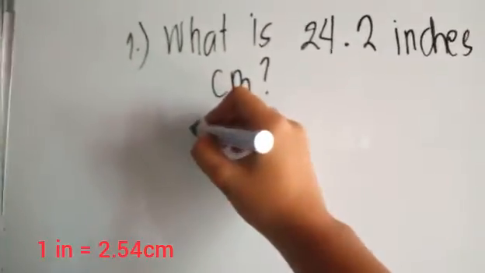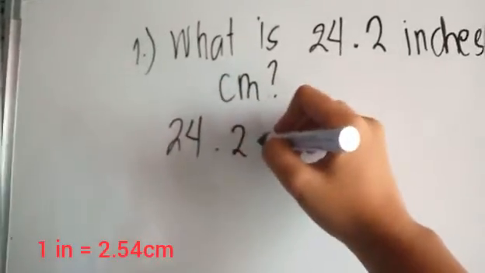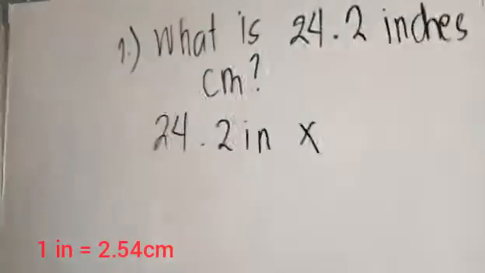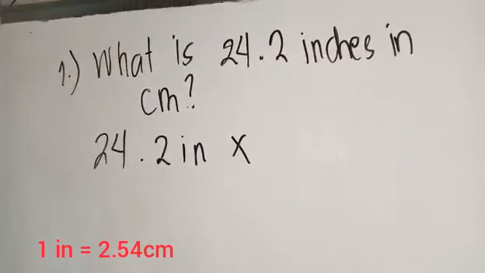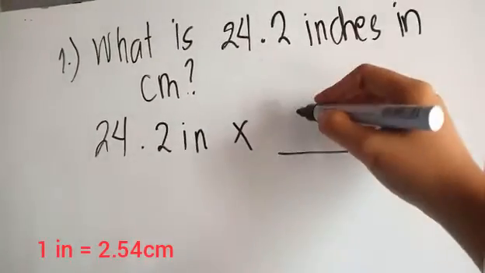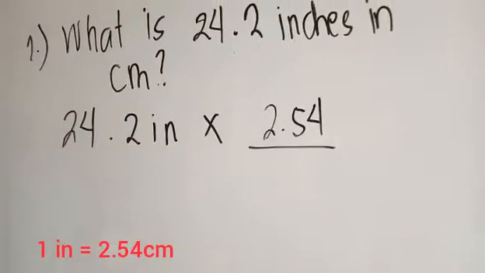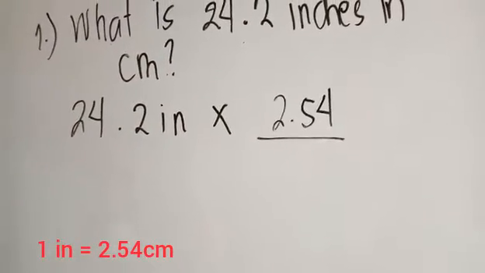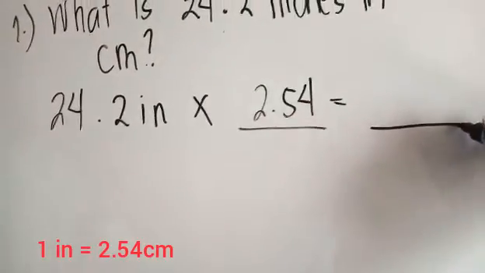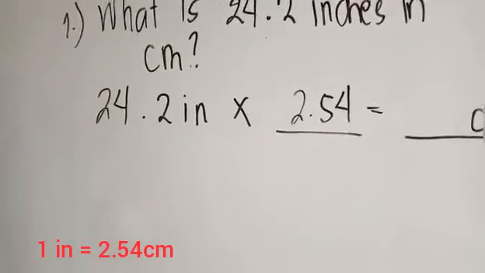So, we have now, para makuha yan, we have 24.2 inches multiply 2.54, kasi nga 1 inch is equal to 2.54 centimeter. Then, ang magiging sagot na lang natin dyan ay centimeter. So, ngayon, i-multiply natin siya.